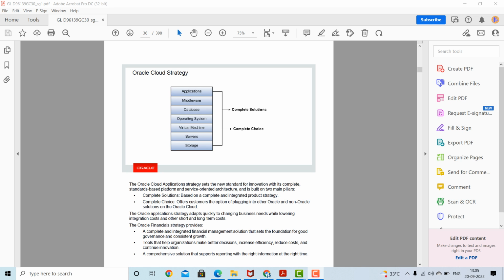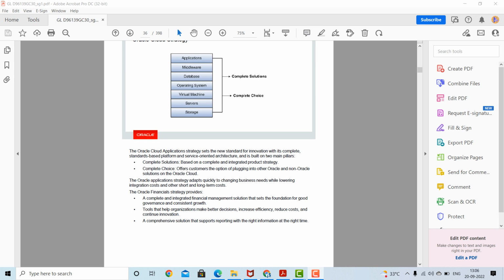And here the Oracle Cloud application strategy sets the new standards for innovation with its complete, standards-based platform, service oriented architecture, and is built on two main pillars: complete solutions, which are based on a complete and integrated product strategy, and complete choice, which offers customers the option of plugging into other Oracle and non-Oracle solutions on the Oracle Cloud.